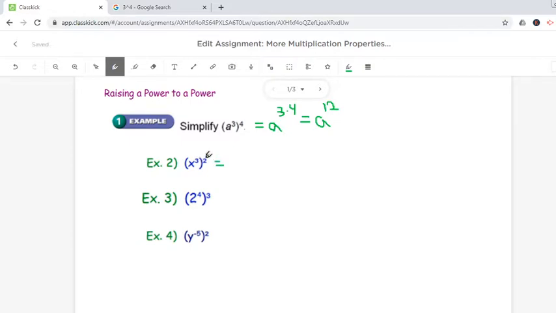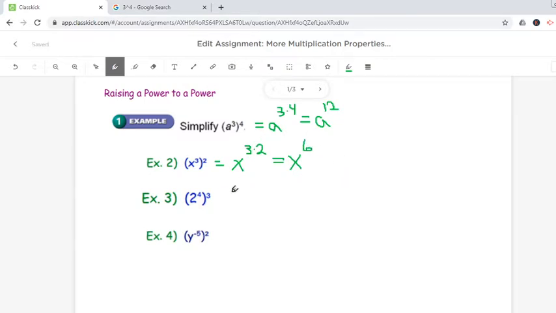And 2 is outside of the parentheses. So we multiply these two. So 3 times 2 equals 6.